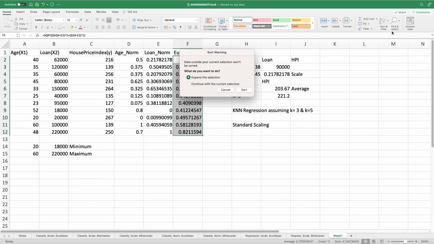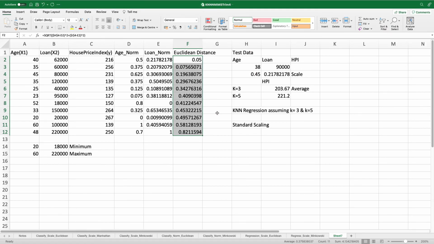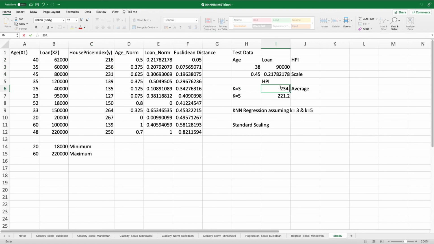Sort and filter, smallest to largest, expand sort, k is equal to 3. Oh, there is a change here. It is 234.33. K is equal to 5: 195.4.